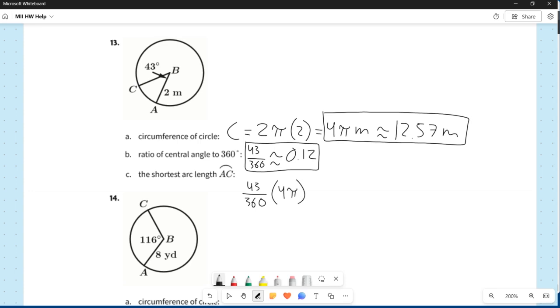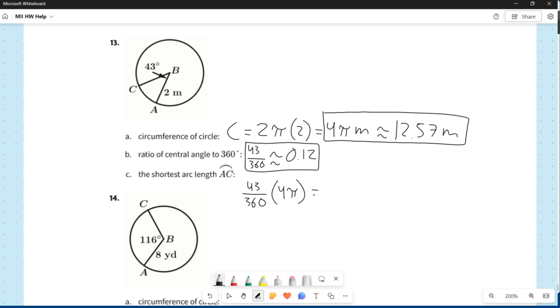Here all we're doing is taking the ratio of our central angle, essentially how much of 360 are we talking about? We're talking about 43 of 360. We apply that ratio to our total circumference, and that will give us the arc length AC.